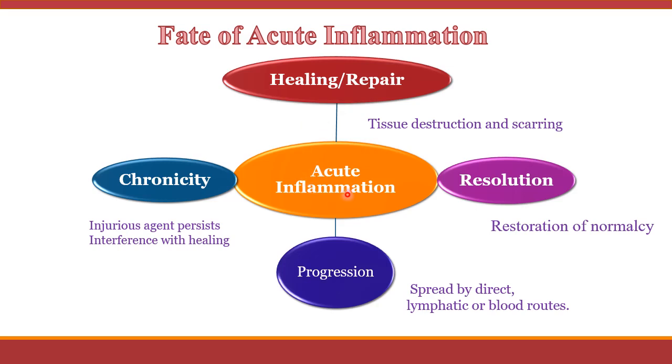Either the acute inflammation can be transformed into chronic and remain in the body, so this will be an option for chronicity, or the acute inflammation will progress and do more damage in the body through spread, and this is called the progression of acute inflammation. So we have 4 main fates for acute inflammation: resolution, healing or repair, chronicity, and progression. So let's start to understand each one of those.